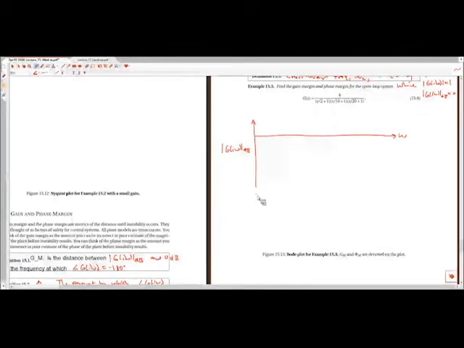So we have a gain of 4, which puts us above 0 decibels for a certain period, and then we're going to have a few frequencies of interest. Frequency of 2, frequency of 10, and then a frequency of 20.